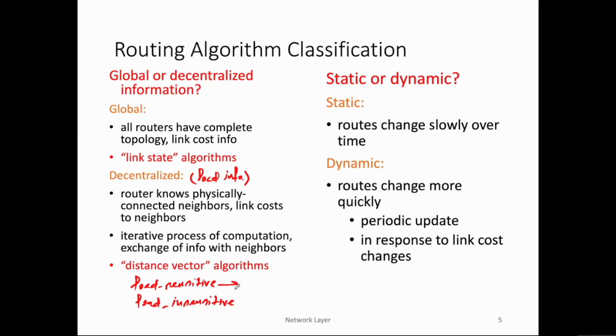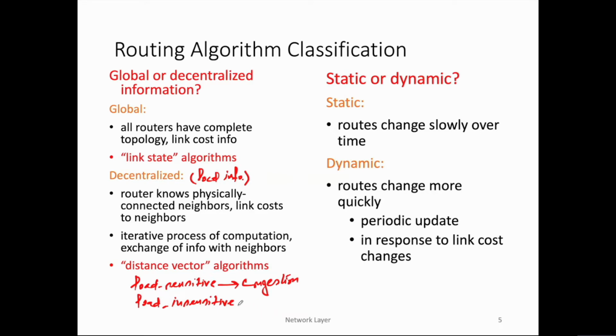Load sensitive means that the routing algorithms take into consideration the network congestion, and depending upon the congestion of the link, the routing algorithm decides or selects a path to reach a specific destination, right? Whereas load insensitive routing algorithms are not taking into consideration the congestion in different links in order to reach a specific destination.